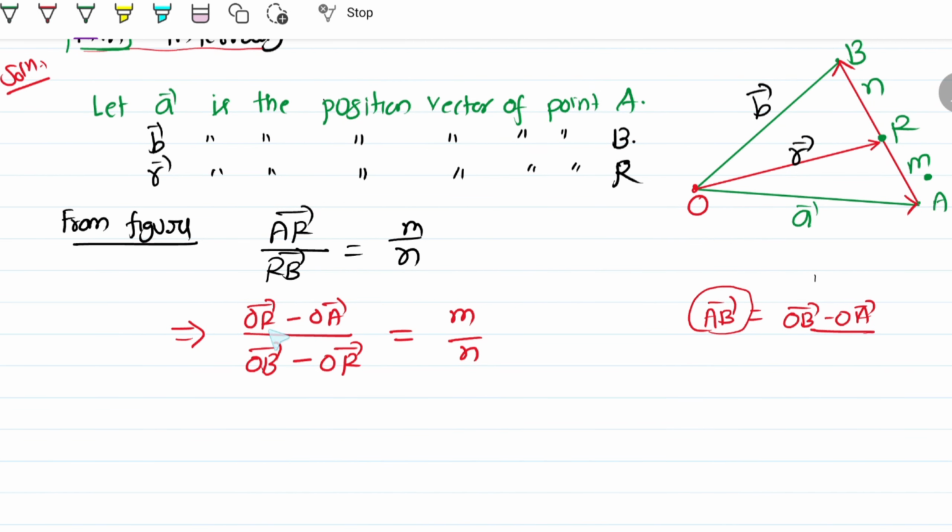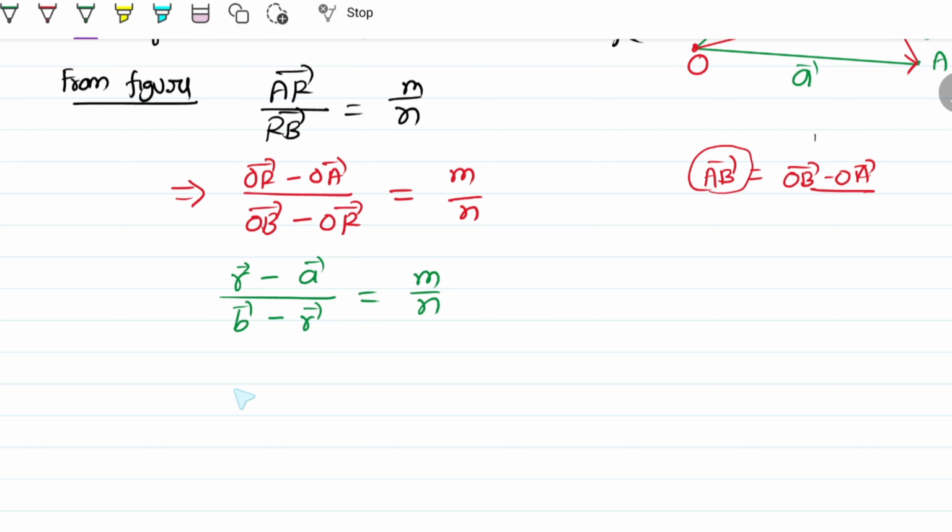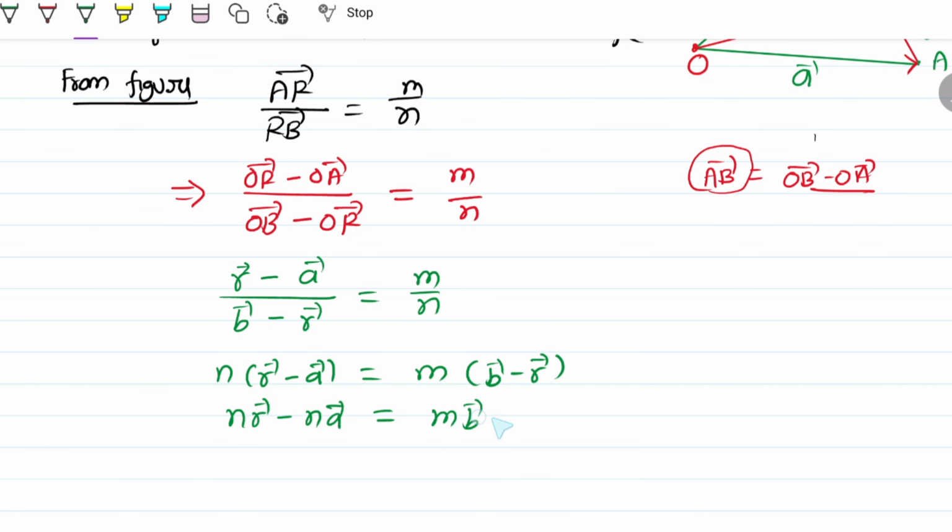Now I will put in the values. OR vector means small r vector, minus OA vector which is small a, upon OB vector which is small b, minus OR vector which is small r, equals m upon n. Now I can cross multiply: n into (r vector minus a vector) equals m into (b vector minus r vector). Simplify: n r vector minus n a vector equals m b vector minus m r vector.